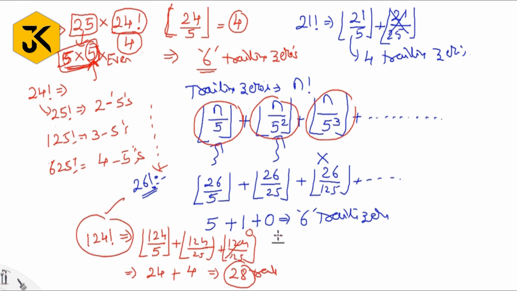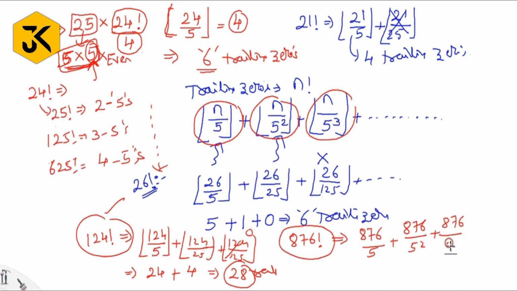For example, let us take one more number. Find the number of trailing zeros at the end of 876 factorial. Then what are we going to do? You are going to write the formula: 876 by 5 plus 876 by 5 square plus 876 by 5 cube, 5 cube means 125, easily divisible.